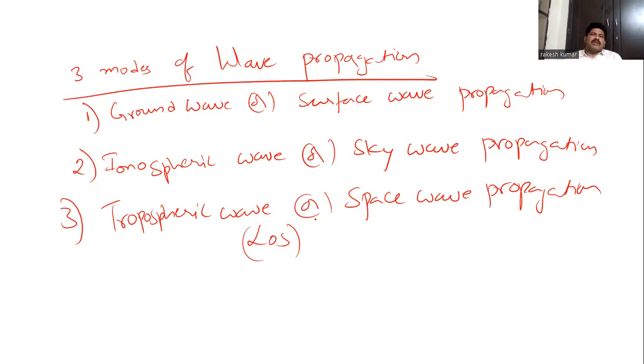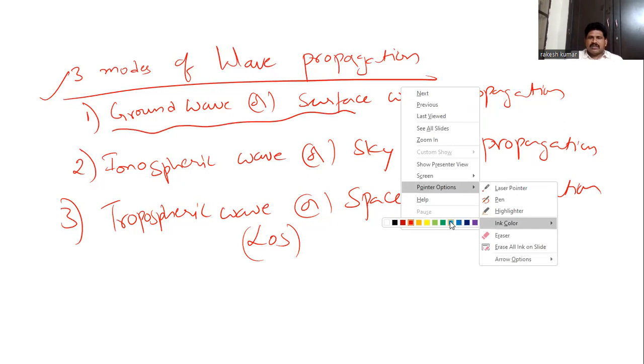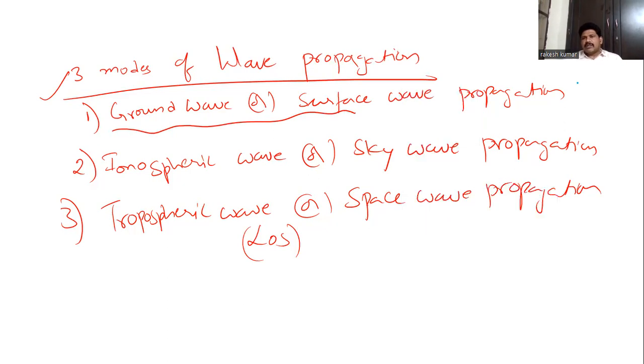What is the difference between these three modes of propagation? By using ground wave or surface wave propagation, I can transmit any signal with frequency less than 2 megahertz.